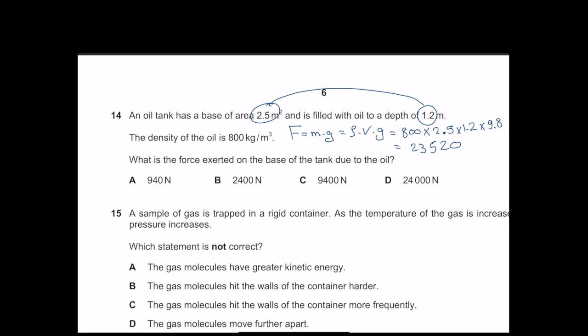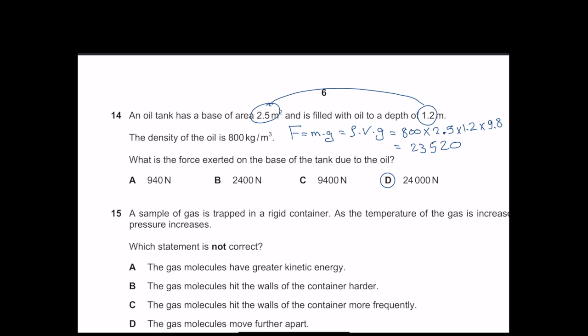So I'm going to go directly to the closest number for that, which is D. This is what we need to choose. It's very far away from B, and A and C are out of the game. So it's 24,000.